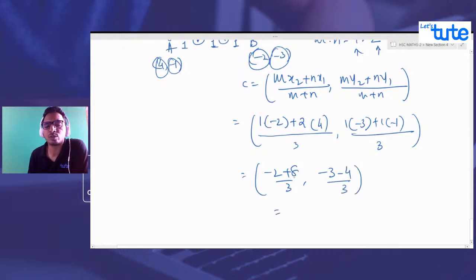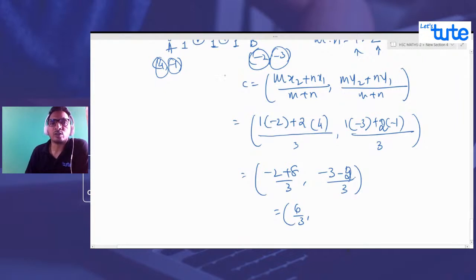So -2 plus 8 is 6, and 6 by 3 is 2. Okay, here we have made a small mistake. We took 1 in both places; here we should take 2 for n.